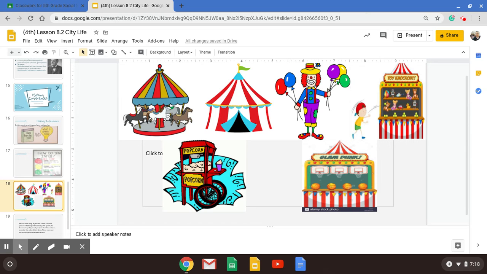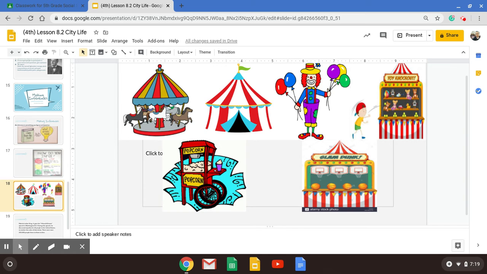What do you think's happening at our school if you see all of these things in the parking lot? Well, yeah, we could be having a school carnival that day. You just made an inference. You used the clues that were given to you. You used your prior knowledge about these objects, and then you created an inference.